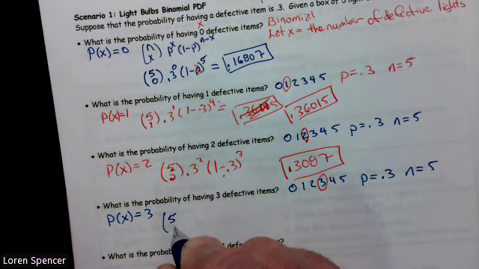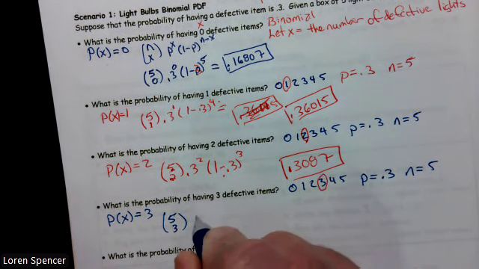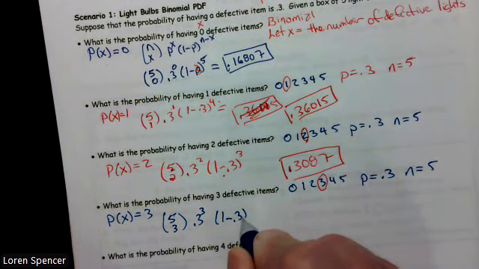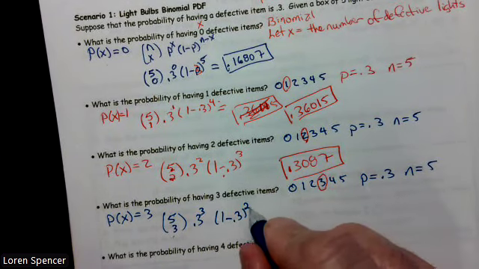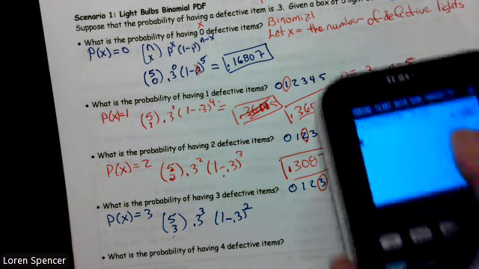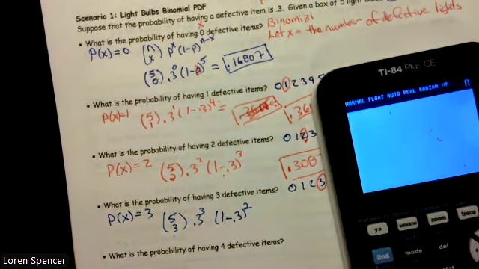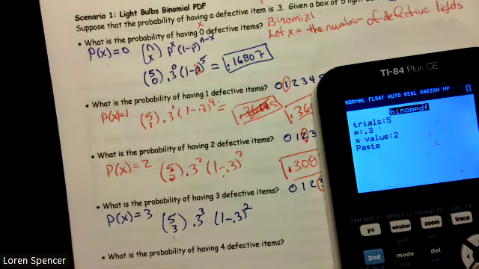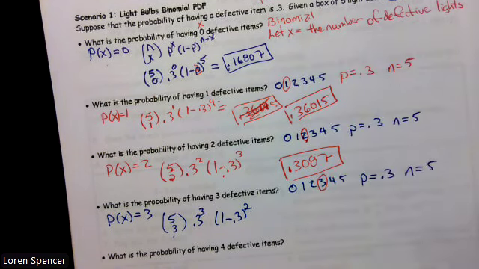In this case, we have 5 choose 3, 0.3 to the third power, 1 minus 0.3, and 5 minus 3 is 2. So second vars, binomial PDF, which is letter A, trials is 5, probability is 0.3, our x value is 3, and we end up getting 0.1323.